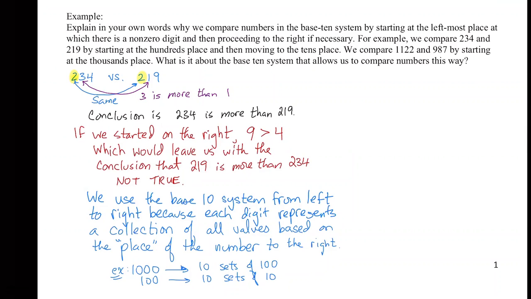So there's no need to count it again unless you determine that that particular place, if it's the fourth decimal place or whatever, if it turns out it's the same. But if it's different, then you've already gotten your conclusion, because we know, for example, 3,000 is more than 2,000. So whether it's 3,200 versus 2,700, the 3 is more than 2, so problem solved. That's really all it comes down to.